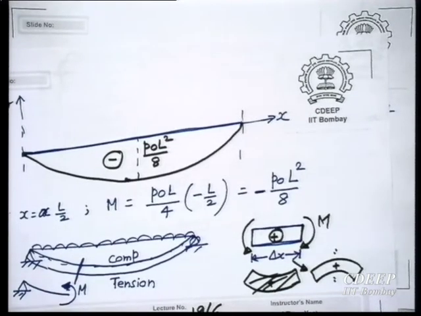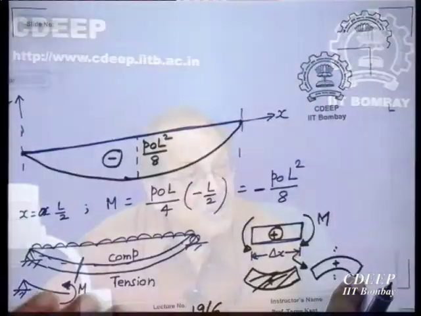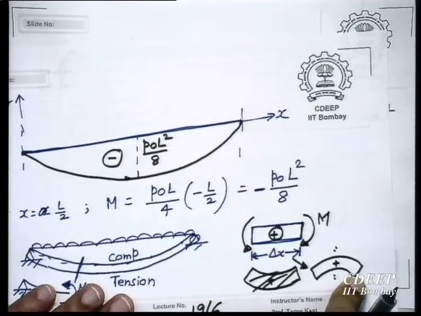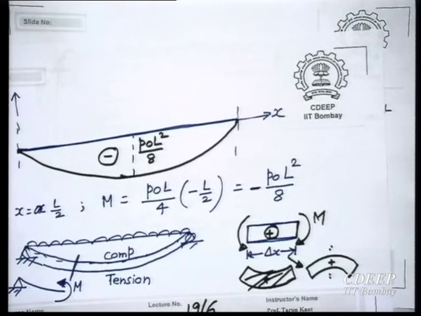If the beam bends like this, then the top fiber is in tension, bottom fiber is in compression, and this will give me a diagram like this. So this is positive. Is it clear? So you must know what is a positive axial force: that produces tension in the member. How did it come?